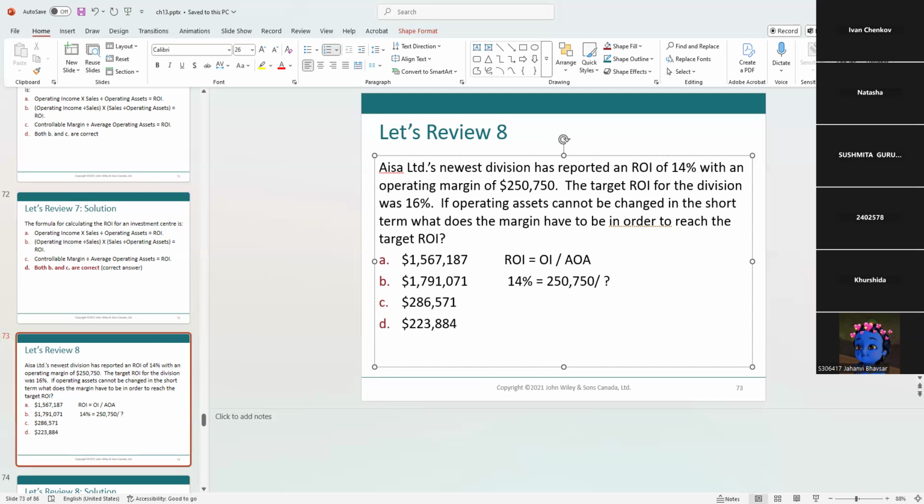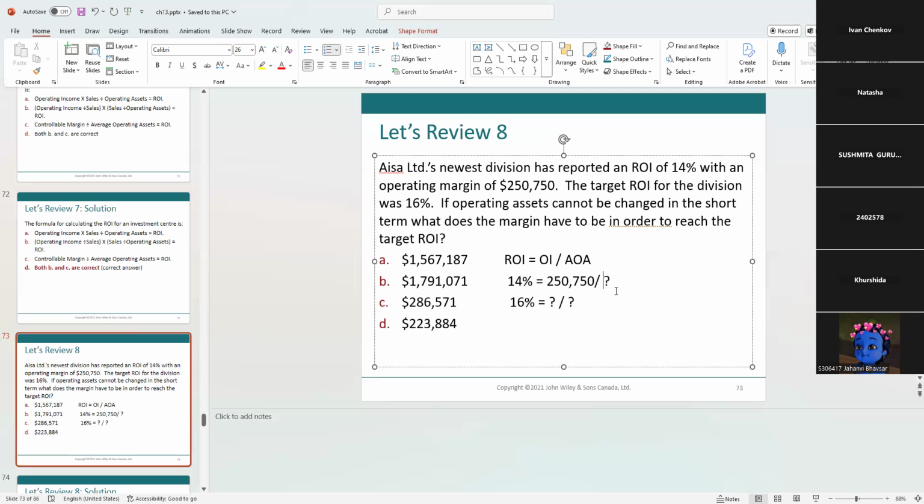So now the question is, if this company already knows they want 16% here, how much will be this and how much will be that?